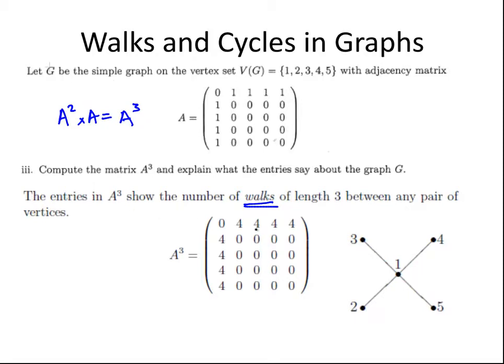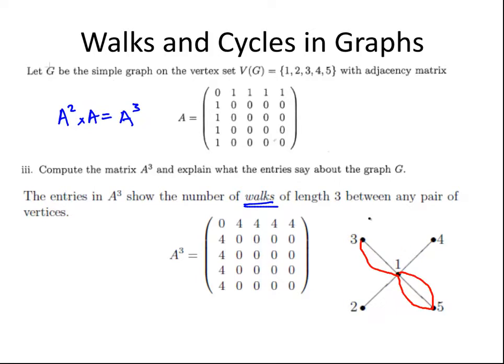So it's not possible, starting at any vertex other than 1, for a walk to avoid ending at 1.